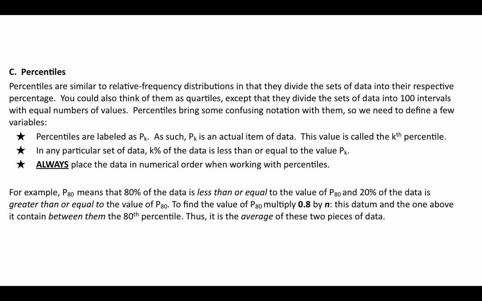Percentiles are a little bit more confusing. Quartiles seem to be more readily understood because very often we have more data points than simply 4. So it's easier to divide a large number of data points into a small number of intervals. It's more difficult to divide a small number of data points into a large number of intervals.